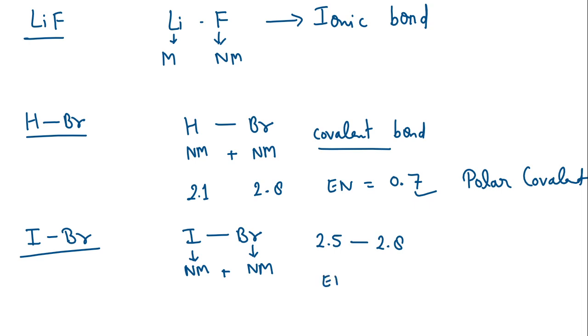So the En difference will be 0.3 and it is less than 0.4. So this bond is considered a non-polar covalent bond.